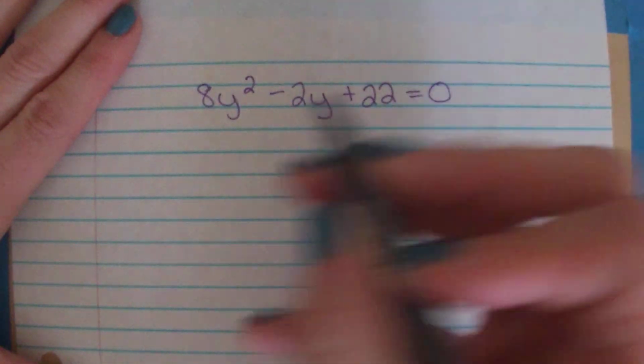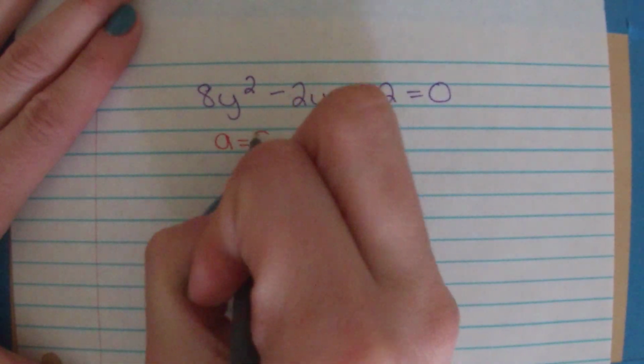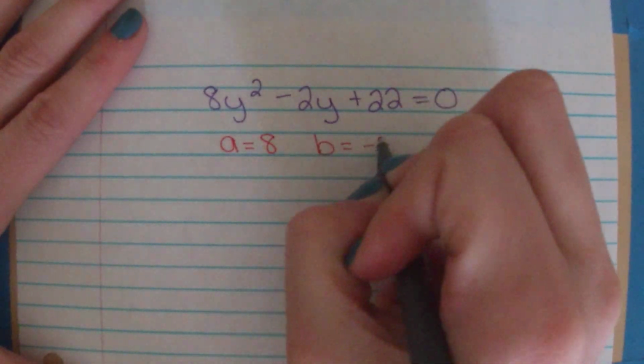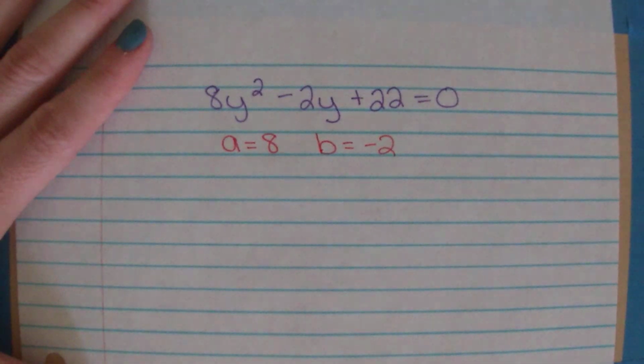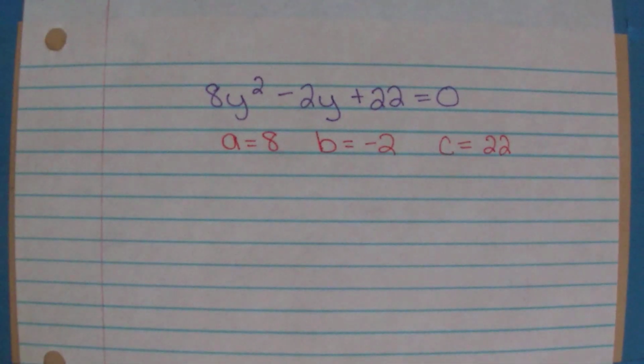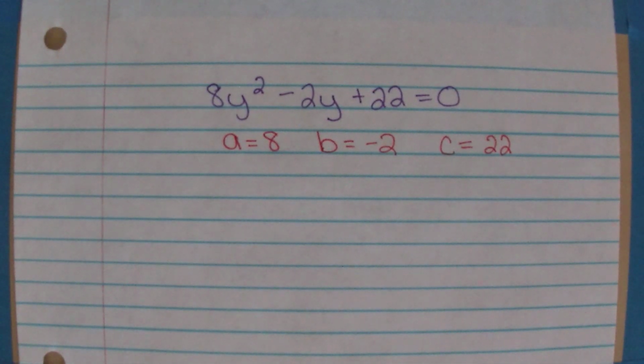So really we want to use the quadratic formula. Okay, we're in the correct format. It equals 0. So a equals 8. B equals -2. And C equals 22. Okay, so once we're here, we're just going to start plugging into our formula.